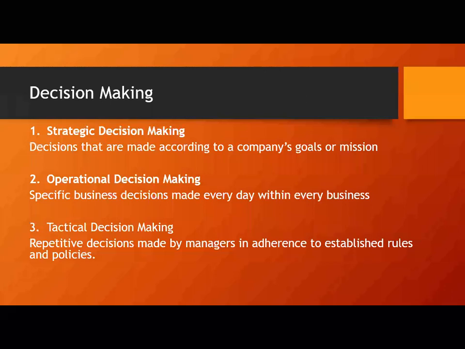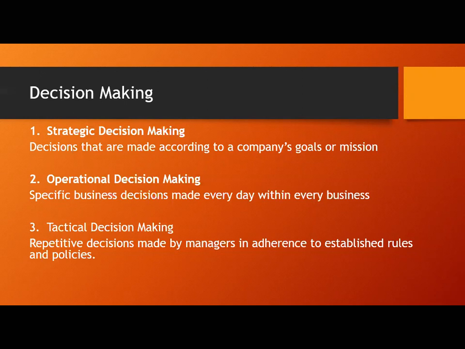Things that have to do with the everyday running of the business are said to be operational decision making. Whatever decision is made on a daily basis as it relates to running the business is considered operational.